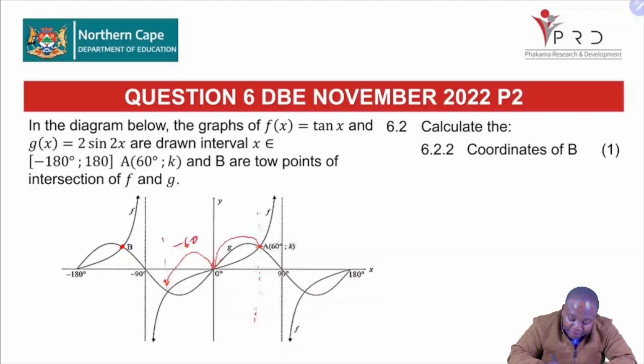I move to that point of intersection, another negative 60 units. So from 0, negative 60, negative 60, it is going to give us negative 120.